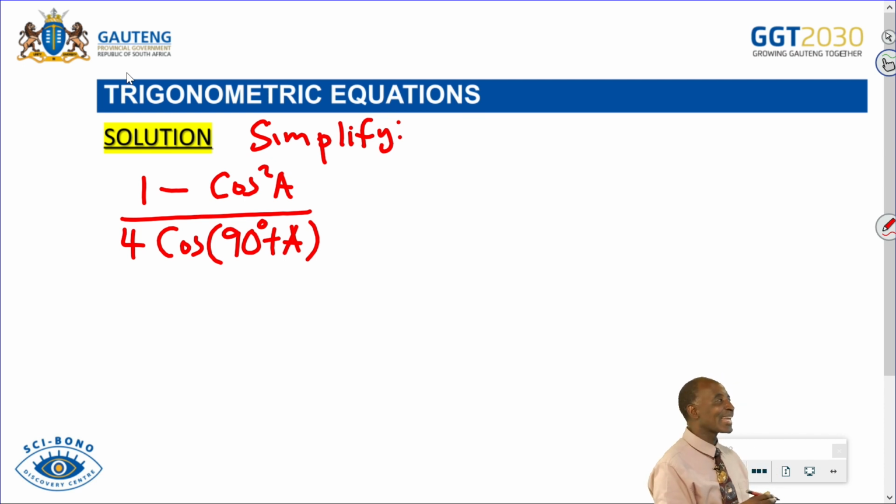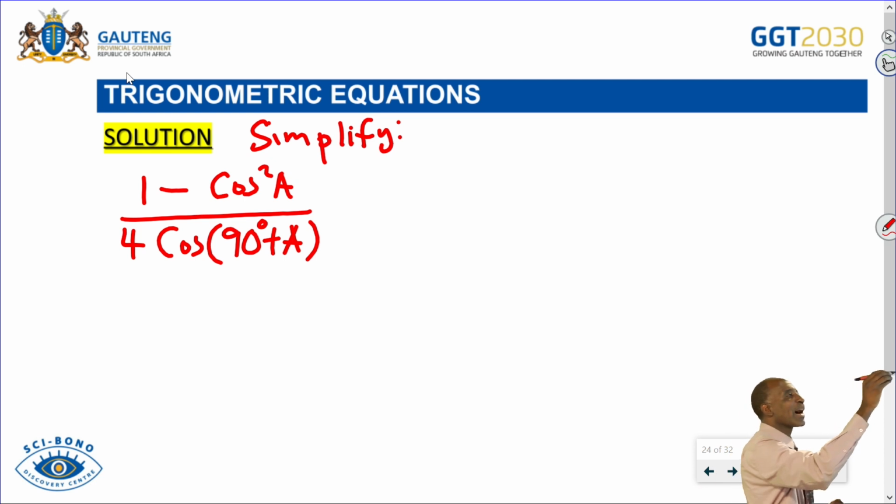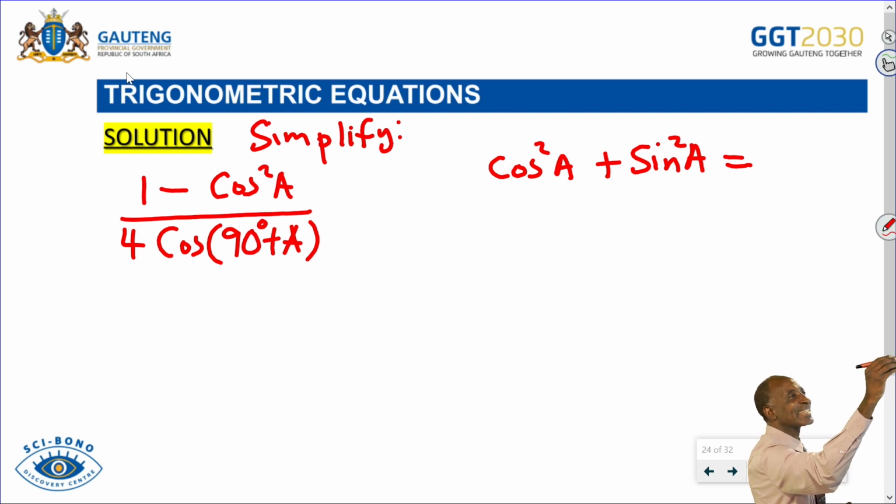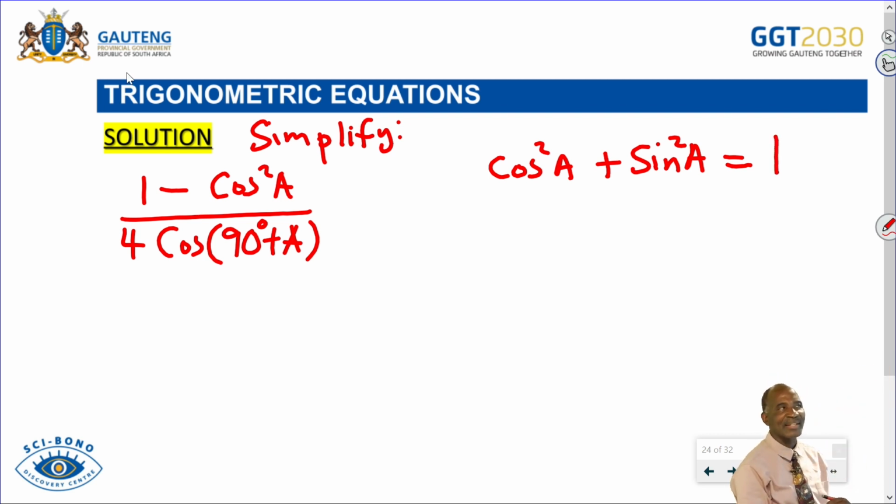This is where we said you need to understand your identities. You will remember our square identity, cos squared A plus sine squared A, what we normally call the square identity, is always identical to 1 or equals to 1.